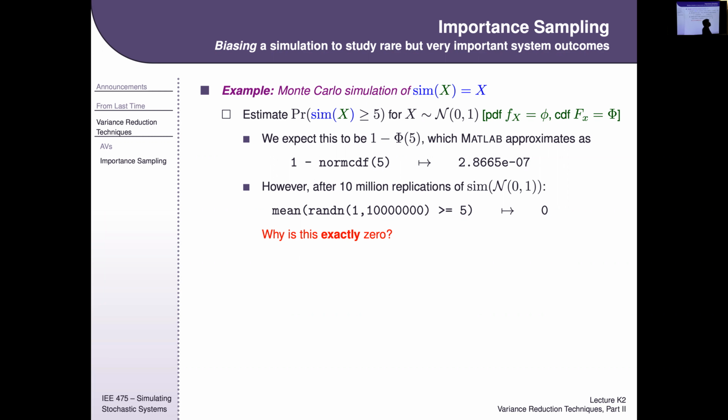So let's say my input here is normally distributed as standard normal. My simulation here is 1,000,000 replications, where my input model is the standard normal.